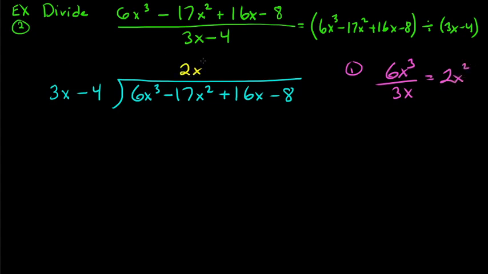So that's already part of the answer. That's just the first step. And then step 2 is we're going to multiply the 2x squared times the divisor 3x minus 4. So we get 6x cubed minus 8x squared.